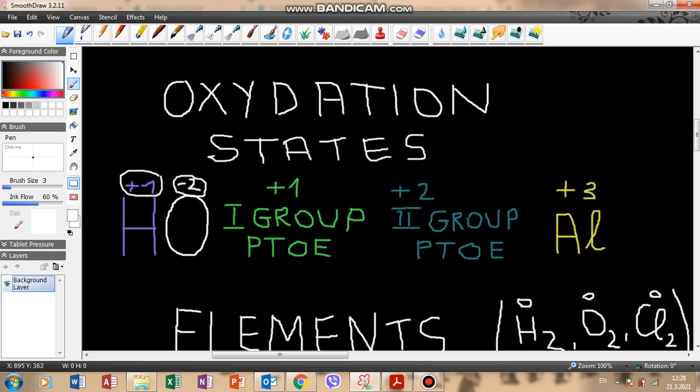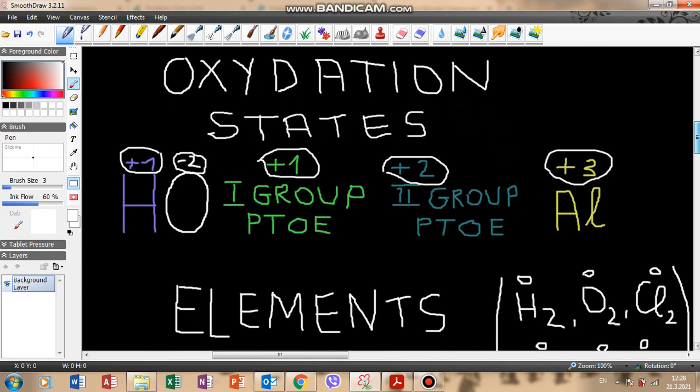The elements of the first group of the periodic table of the elements, here presented by the acronym PTOE, are +1 charge or oxidation state. They are also called alkali metals. The elements of the second group of the periodic table are in +2 oxidation state, and here we have aluminum, which is +3 oxidation state.